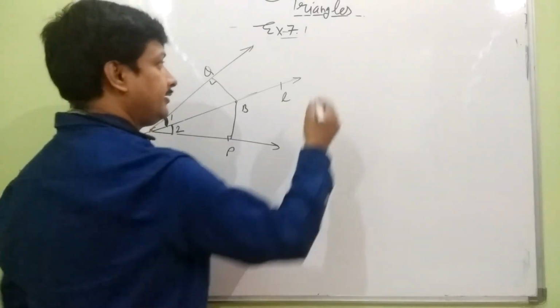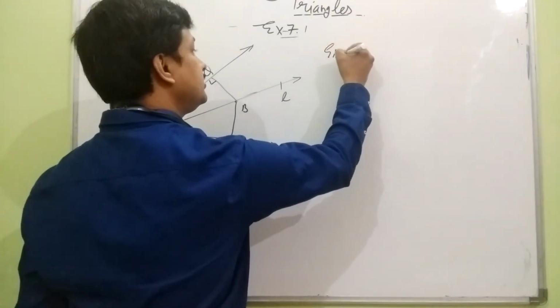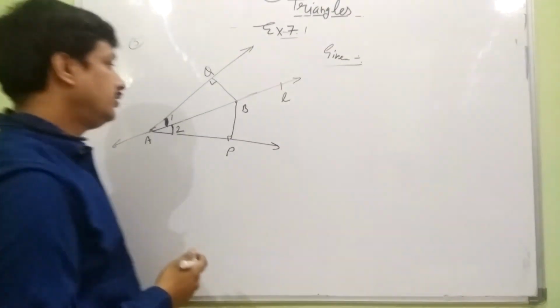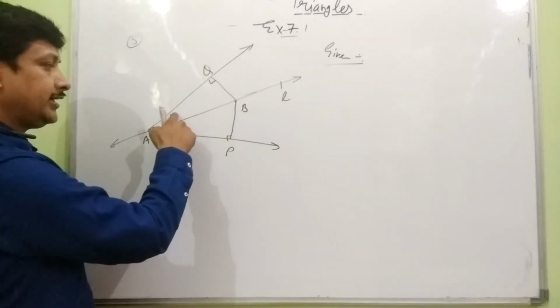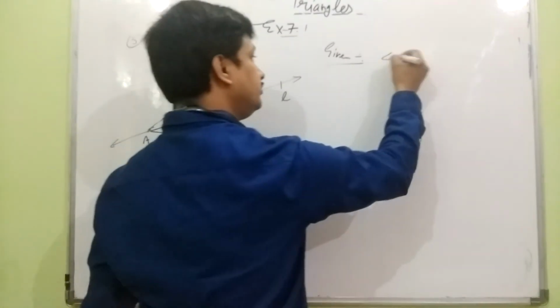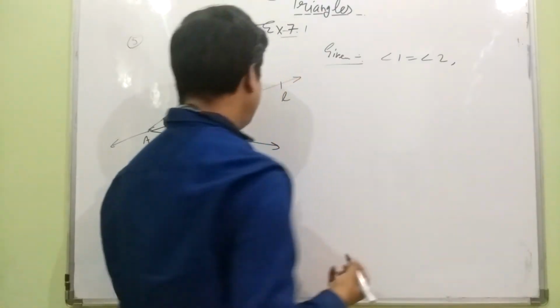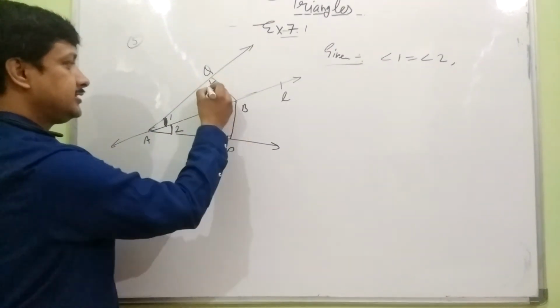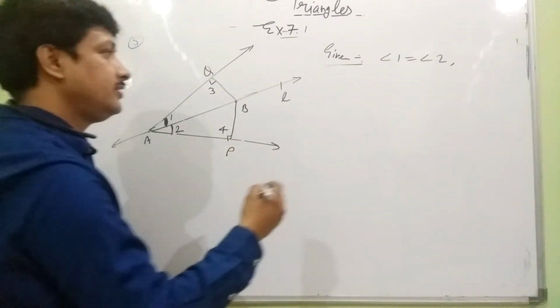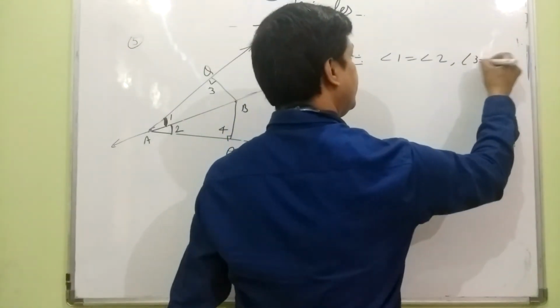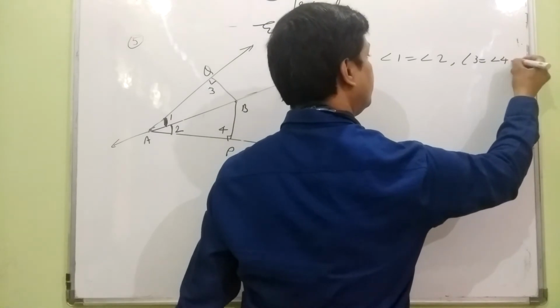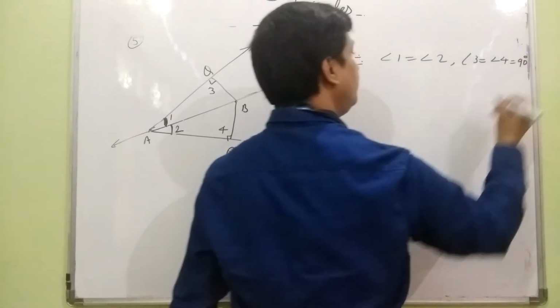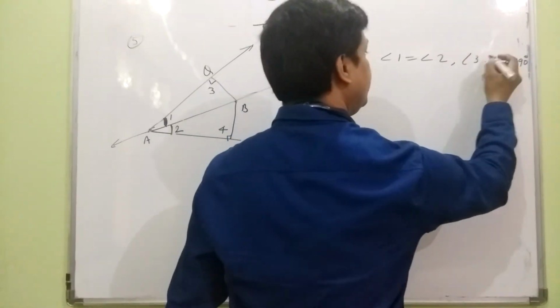So we can write the information given to us. First of all, L is the bisector, so we can write angle 1 equal to angle 2. Second thing given is these are perpendicular. So let us consider this angle to be angle 3 and this angle 4. Angle 3 equal to angle 4, because both are 90 degrees.